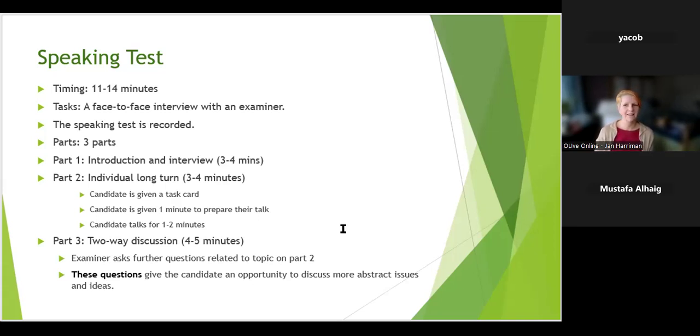You can either type it in the chat or you can turn on your mic and tell me. Where are you from? No, I'm really asking. But if I were answering, I would say, I'm from London, but I was born in Texas.